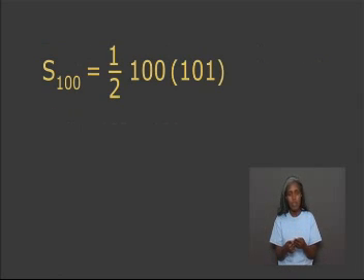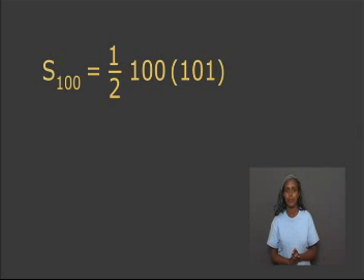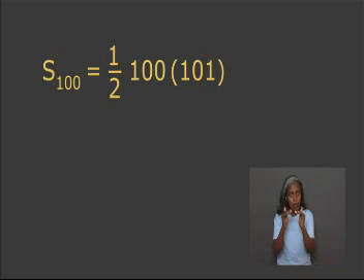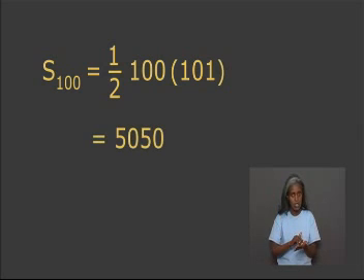Therefore, S100 equals half times 100 times 101. This equals 5,050, which is our answer.